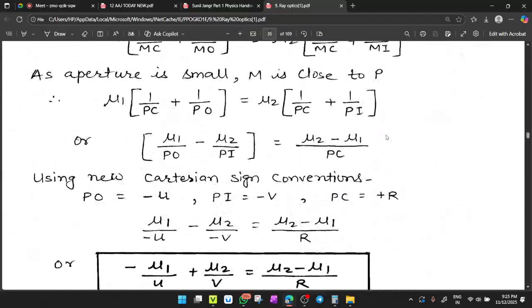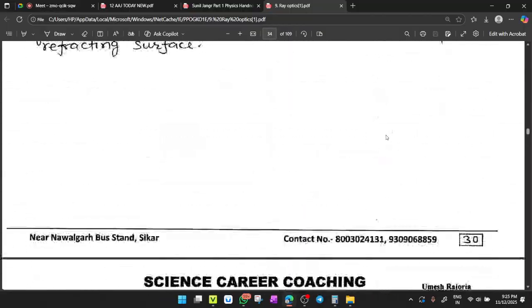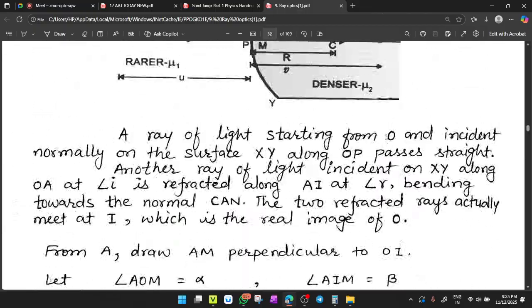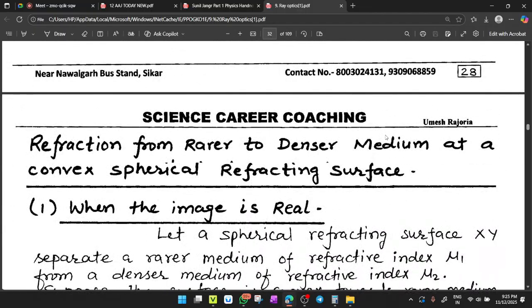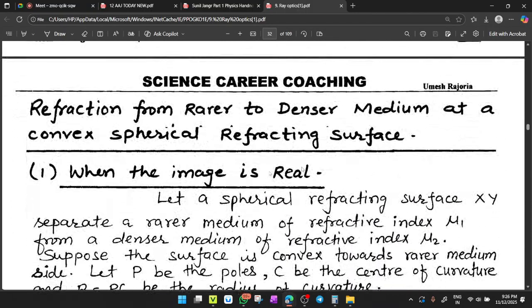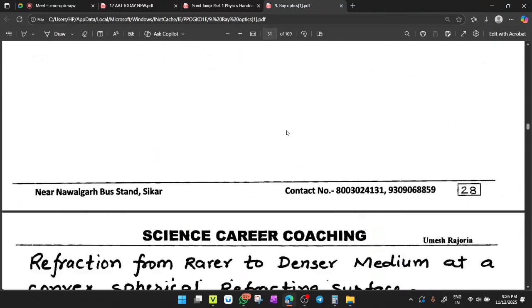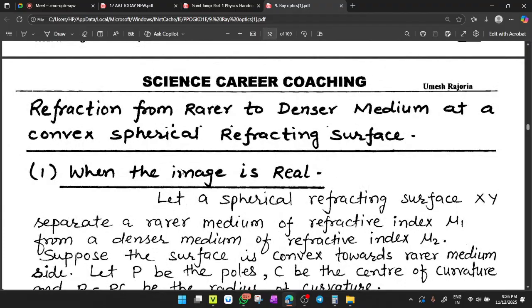First is when your final image is formed on the denser medium, and when your image is real. The category is refraction from rarer to denser medium. Yes, this is the important line. Refraction is from rarer to denser medium.